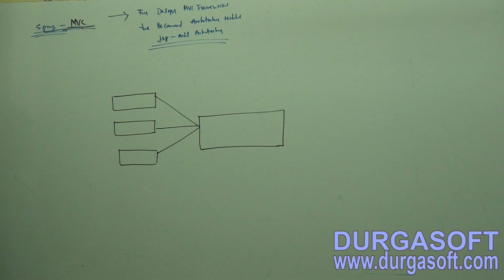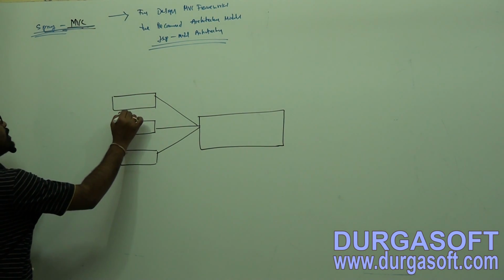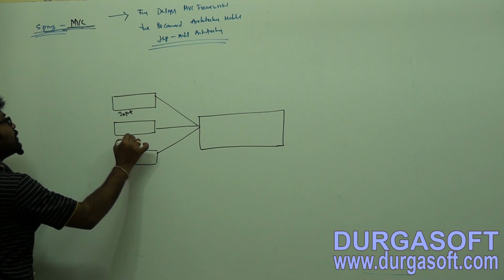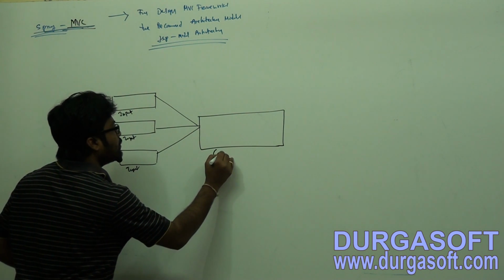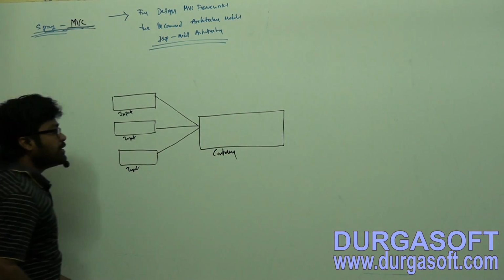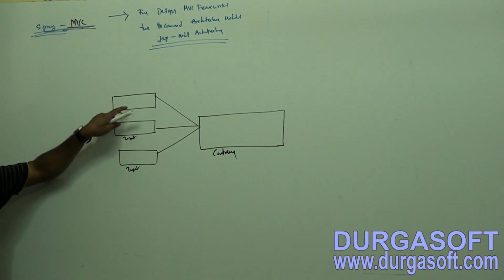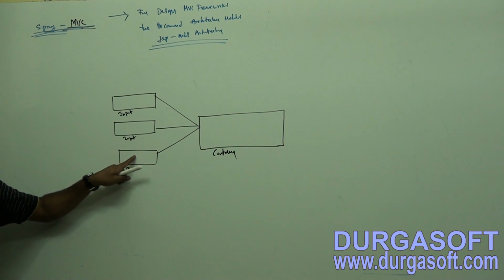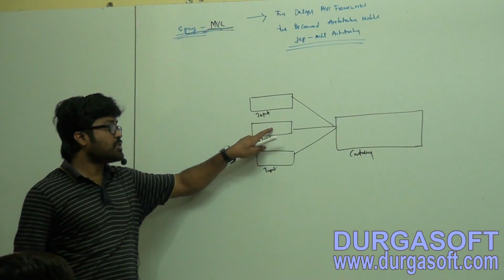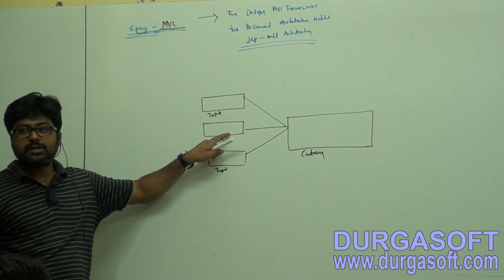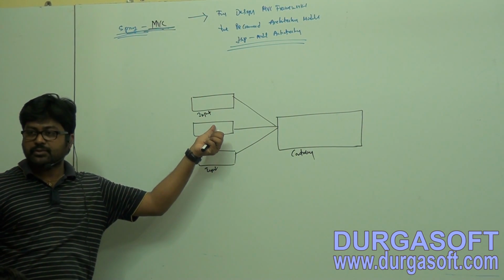And what does this controller need to execute? This controller needs to execute common required operations for these multiple input pages. One input page's operation and the next input page's operations may be different, but some common things we may need to execute. Common things are like validations.